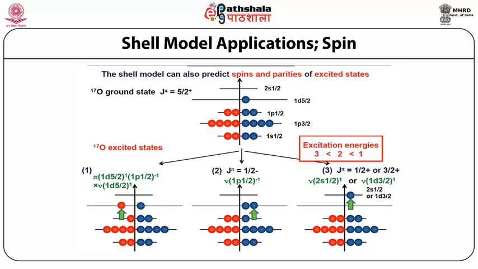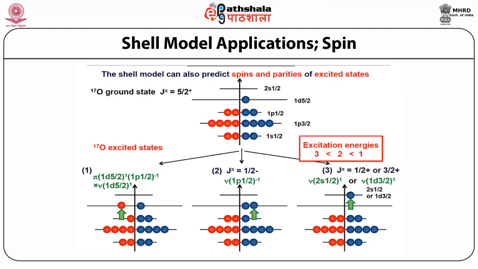Another scenario is that one neutron from the filled 1p1/2 orbital is excited to the 1d5/2 orbital. So, in this case, the two neutrons in the d5/2 orbital will be coupled, but there is a hole in the p1/2 orbital on the neutron side.